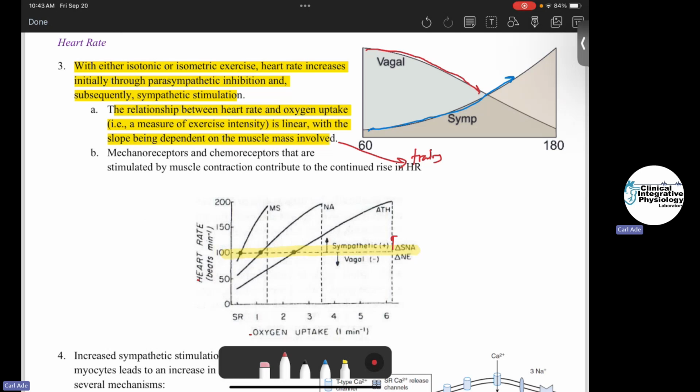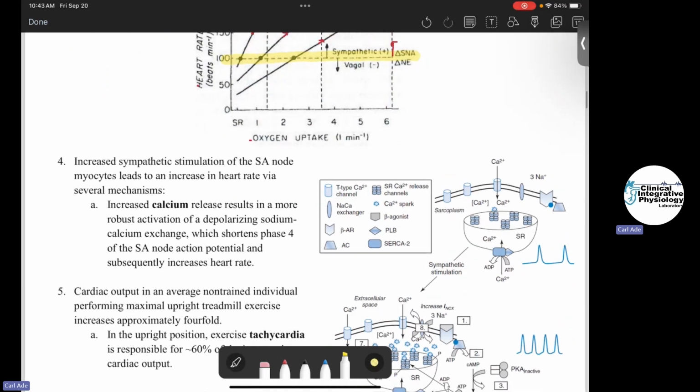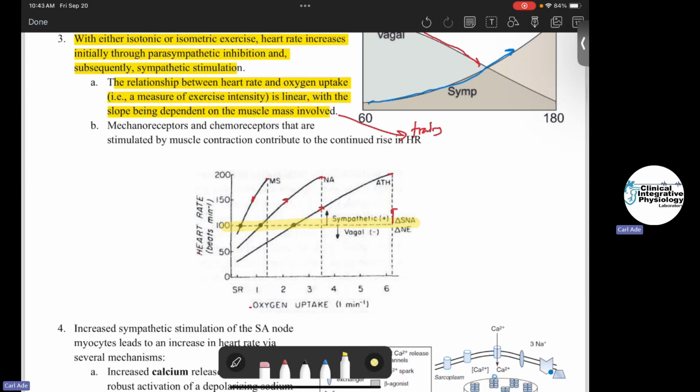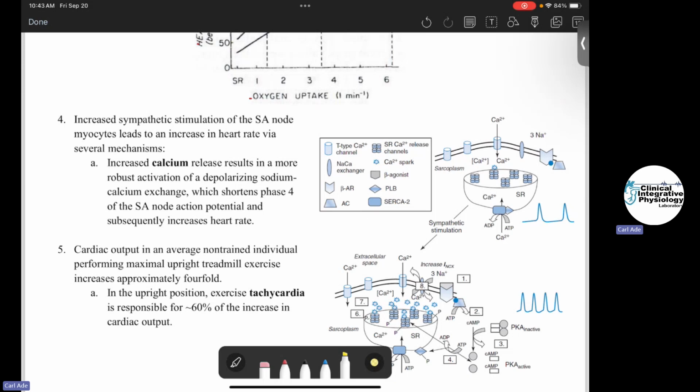And we have 3 individuals here, all of a similar age. We can note the slopes considerably different because of their fitness level. Now, and this is a little bit building off of previous lectures, so how does this sympathetic and parasympathetic driving some of these changes in heart rate?